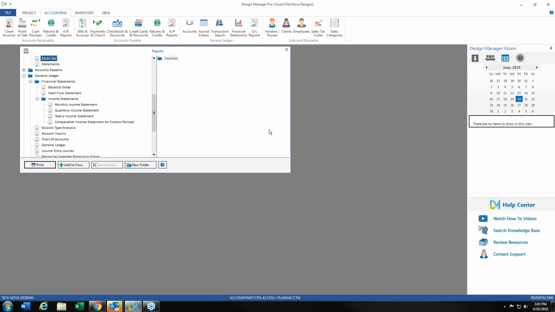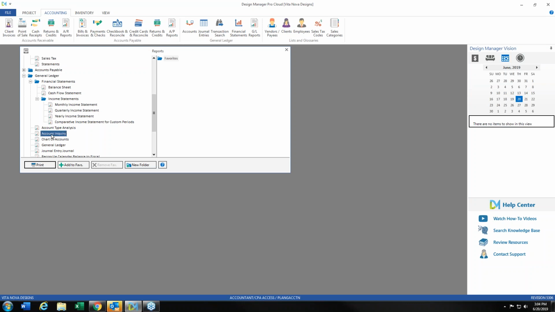For example, if I'm looking at an income statement and I don't have access to my client's Design Manager, and I see an account that's just called taxes, and last year it was $400 and now it's 14,584, I'm going to ask for that account detail report.